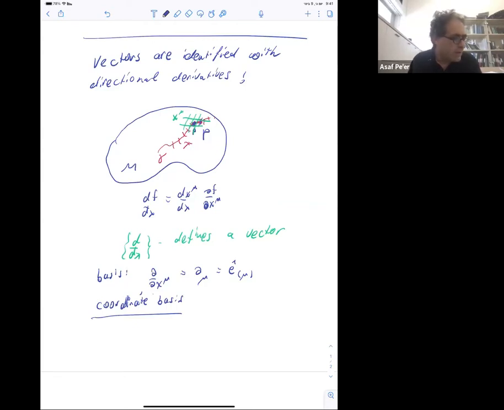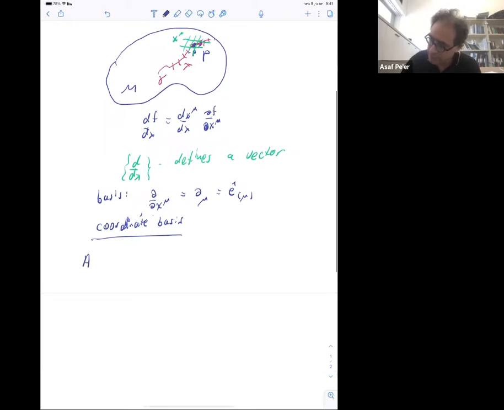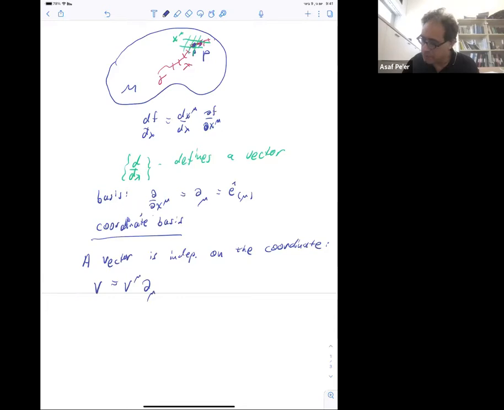Right, and then we say that, the same way as we adopted from special relativity, any vector is independent of the coordinates, right? So any vector V I can write as the components V mu times partial mu.